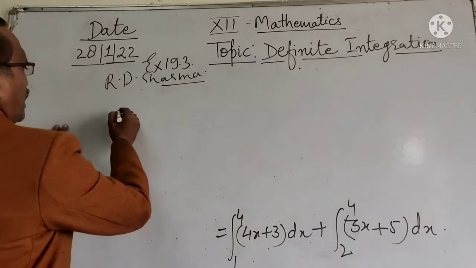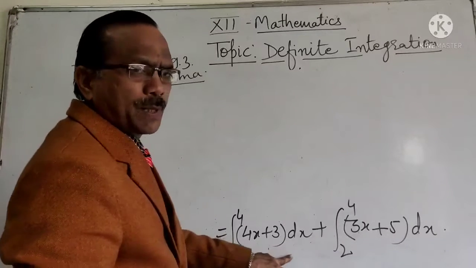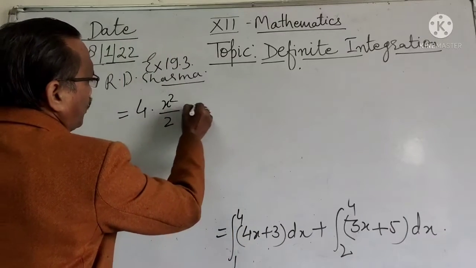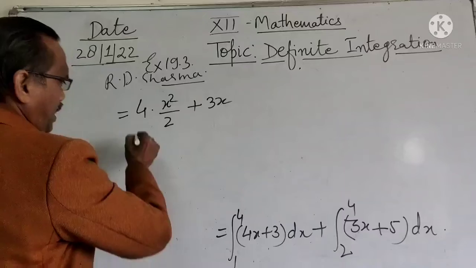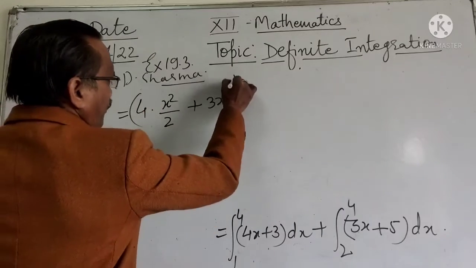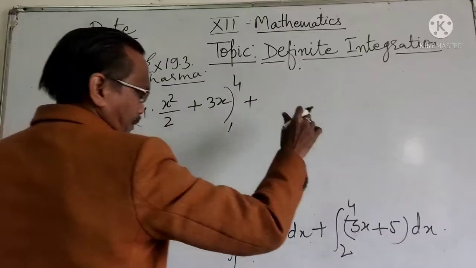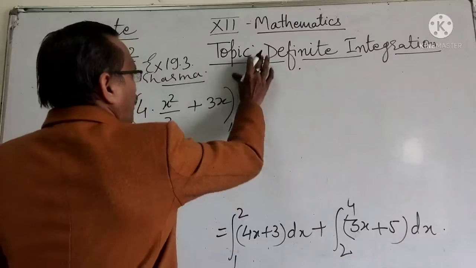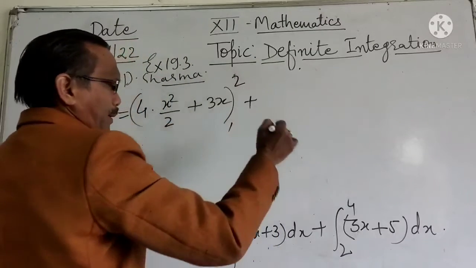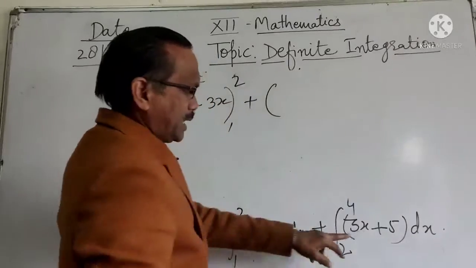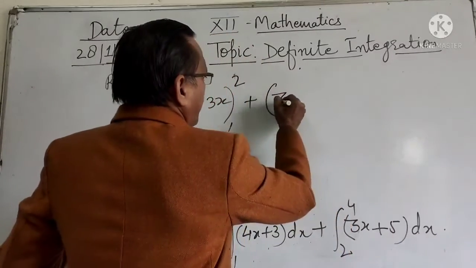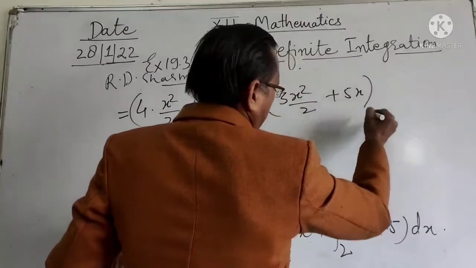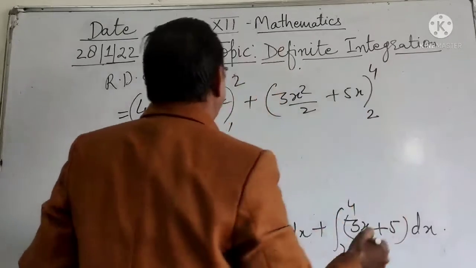Now the integration of 4x plus 3 is 4 into x square upon 2 plus 3x, limit of integration 1 to 2, plus the integration of the other, which is 3x square upon 2 plus 5x, and limit is 2 to 4.